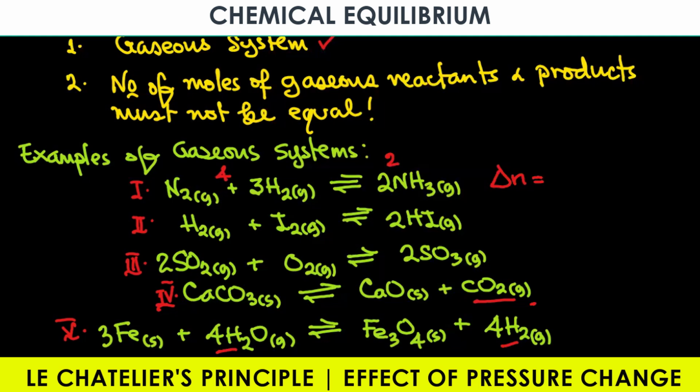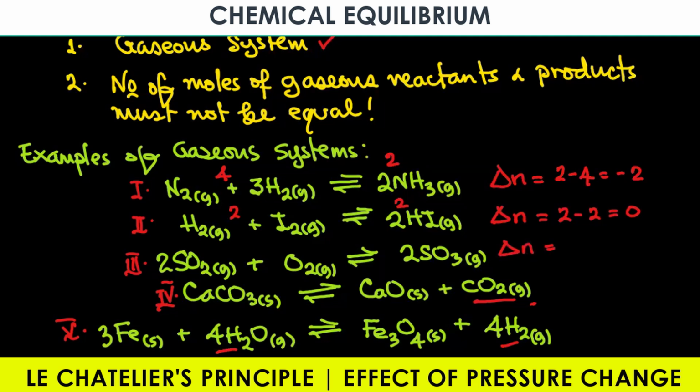So change in number of moles is what? 2 minus 4, which is what? Minus 2, right? Okay. For reaction 2, what's the change in number of moles? How many reactants do we have? Number of moles of reactants? 2. Products? 2. 2 minus 2. That gives us what? 0. So it means they are equal, right? Okay.